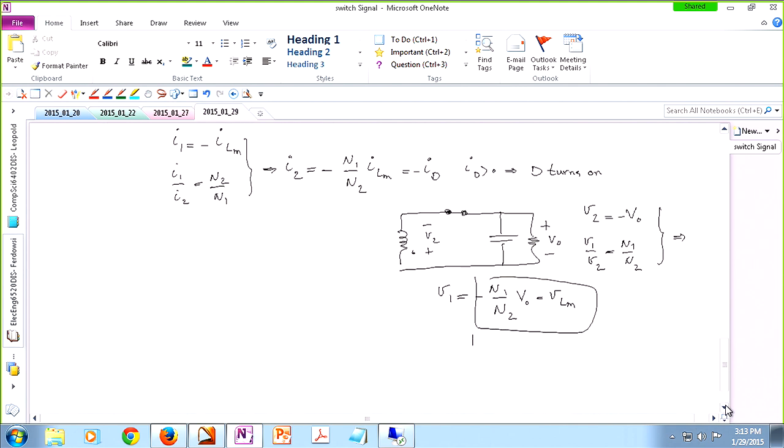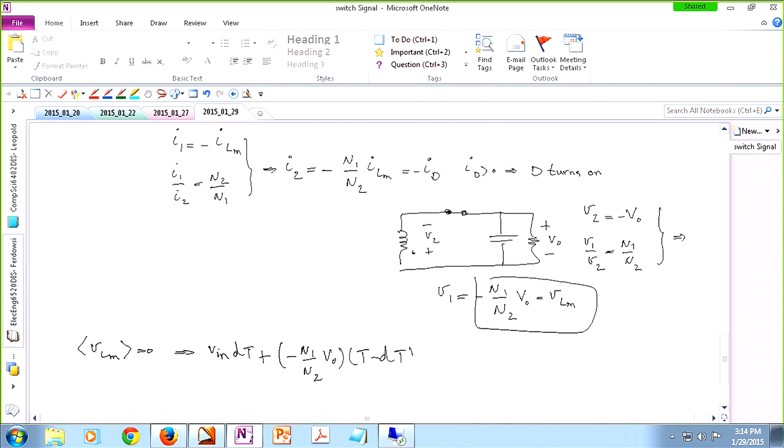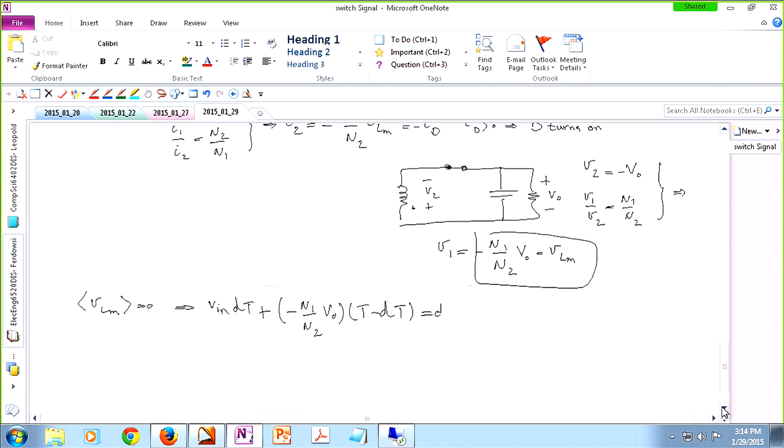So on average, VLM should be 0. Therefore, Vin times DT plus the negative term should be 0, or V out over V in.